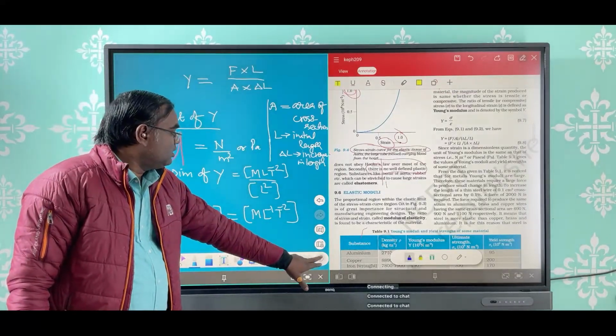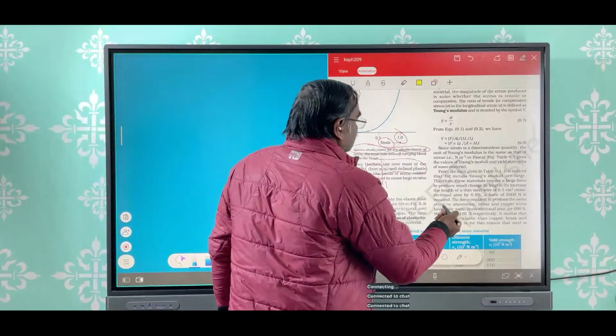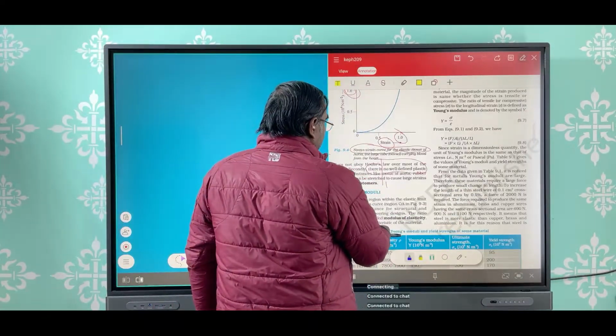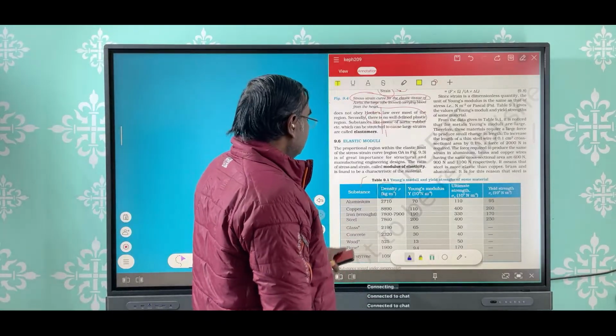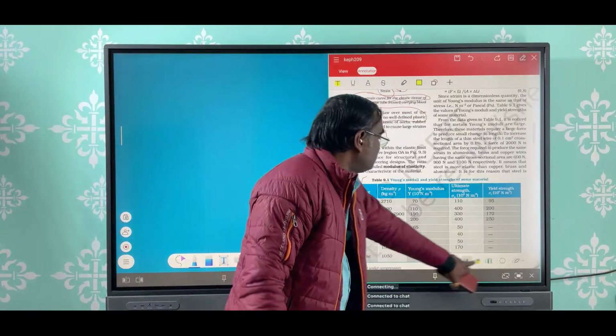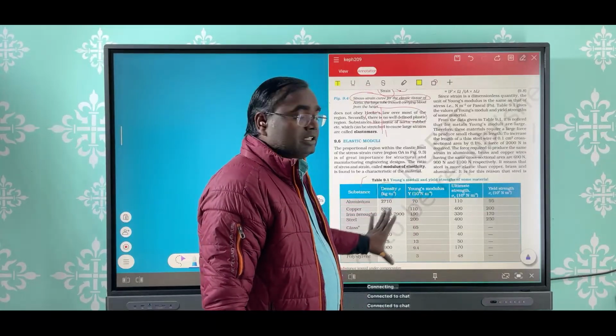Now let us see some data from the NCERT textbook. It is given in your NCERT textbook that this is the table 9.1, and it is very important.